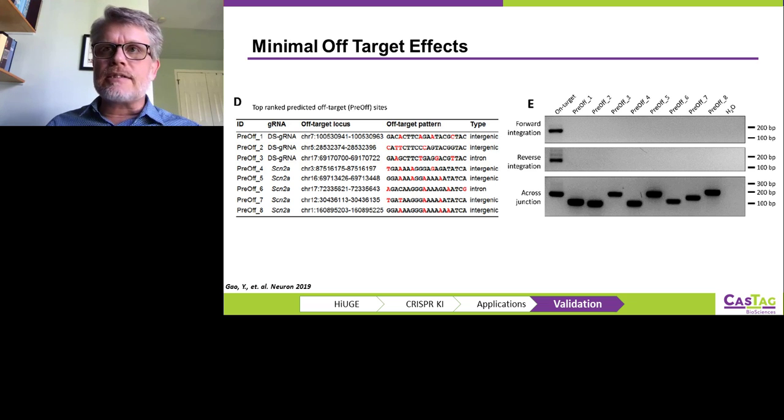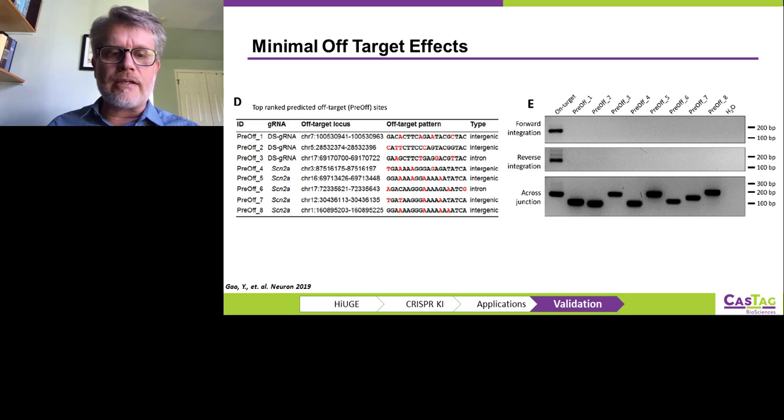So in this case, we've predicted the potential off-target cleavage sites based on the guide RNAs for labeling our genes of interest. And based on these predicted off-target sites, we designed specific primers that would amplify the genetic loci of these off-target sites if our donor vector inserted into those off-target sites.